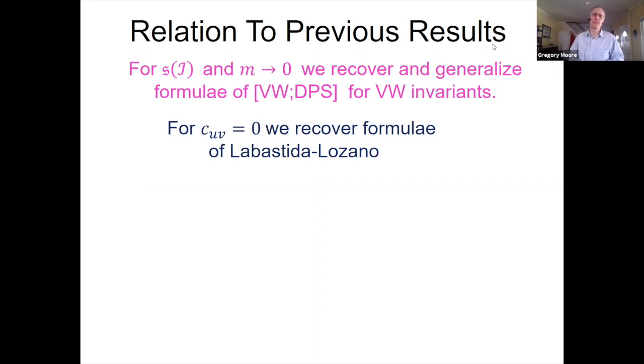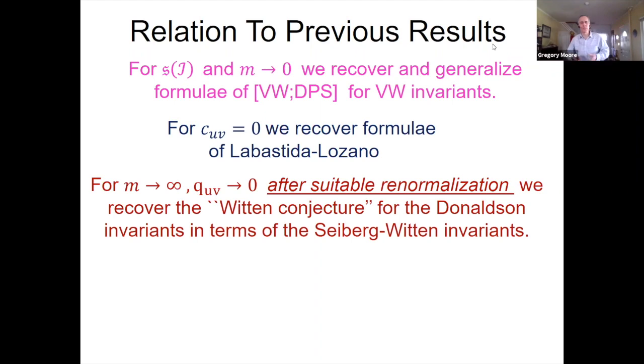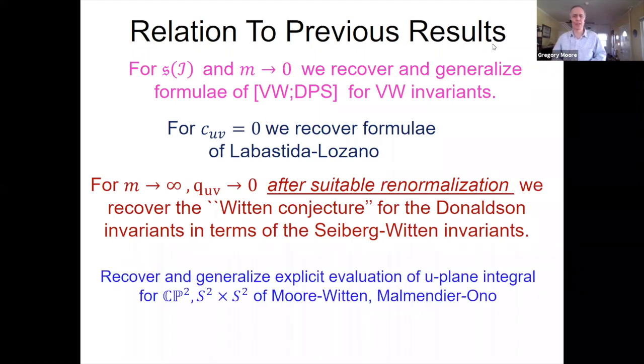When CUV is 0 and our manifold is spin, we recover formulae that were written by Labastida-Lozano. As I mentioned before, in the m goes to infinity limit, we recover the Witten conjecture after suitable renormalization and fudging. Fudging in the sense that you have to throw away the contribution from the cusp U1.